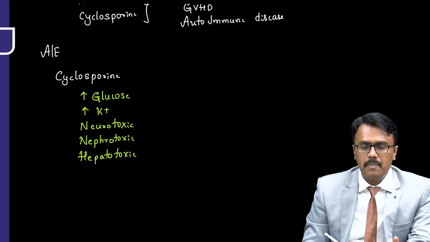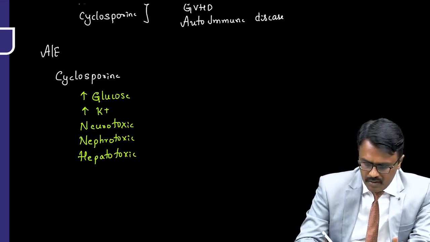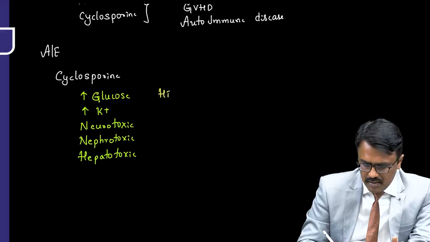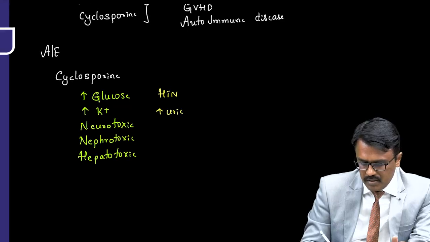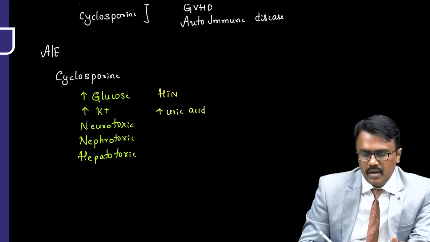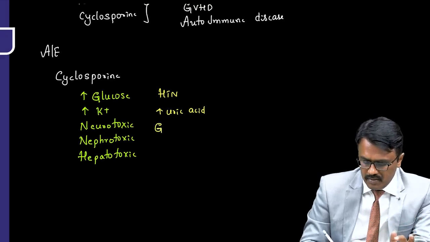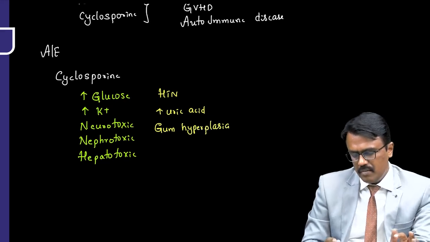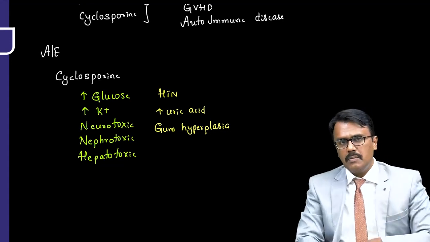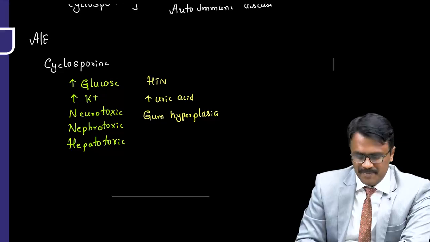Apart from this, it also produces high BP, that is hypertension. It increases uric acid, that is hyperuricemia. And two peculiar problems: gum hyperplasia can happen. Can you tell me an anti-epileptic drug causing gum hyperplasia? Phenytoin. Very good.